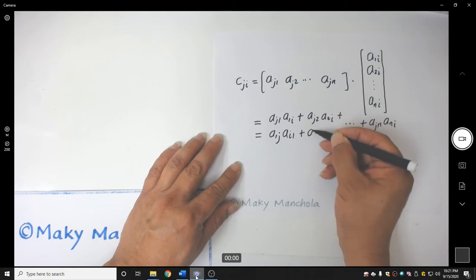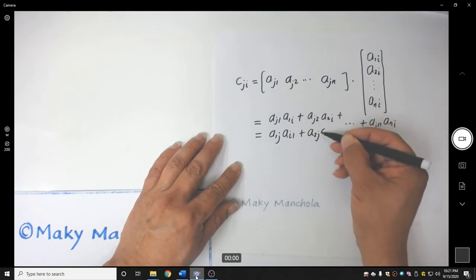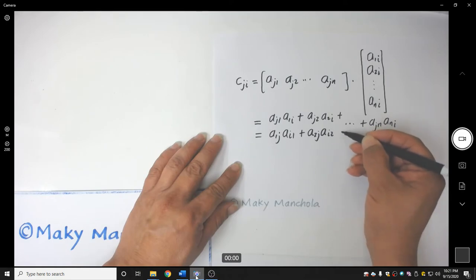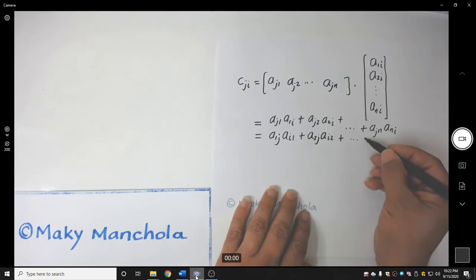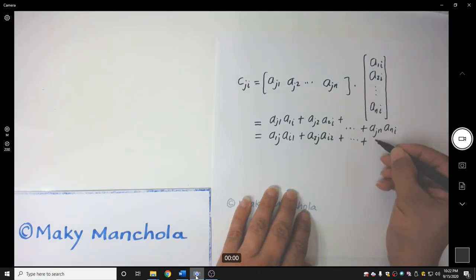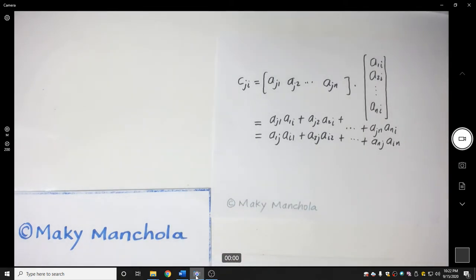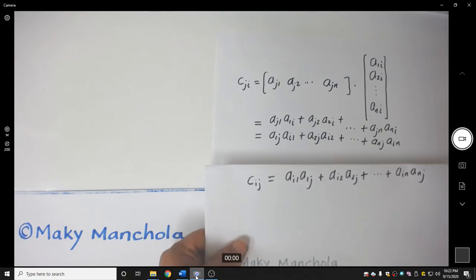So here I'm going to get A_2j A_i2, plus dot, dot, dot, and then in the last term I have A_Nj A_iN. Now we're a little bit closer.